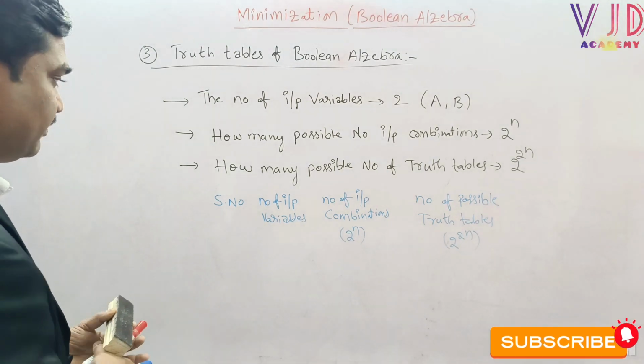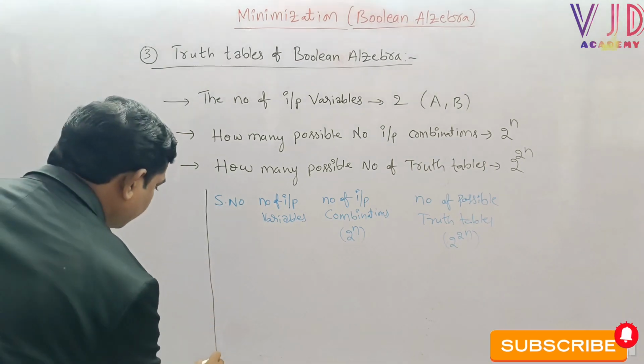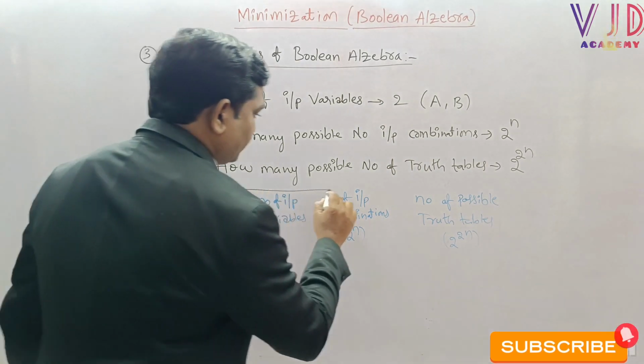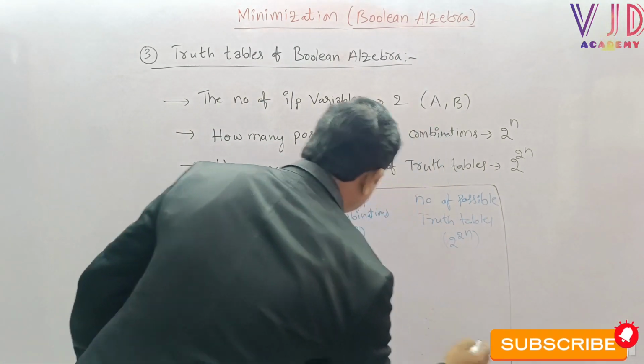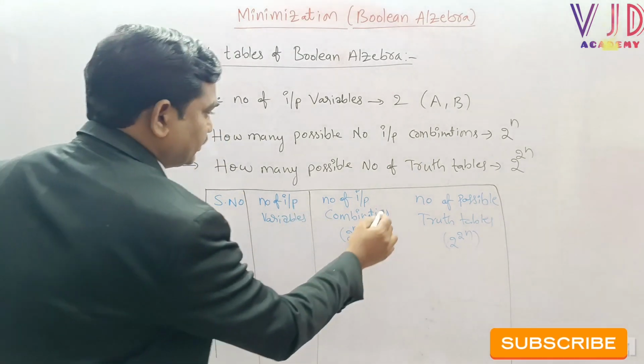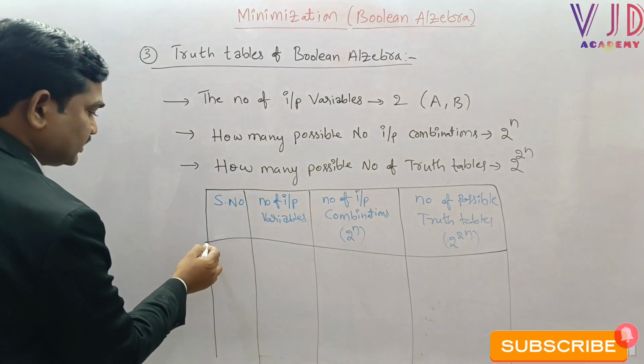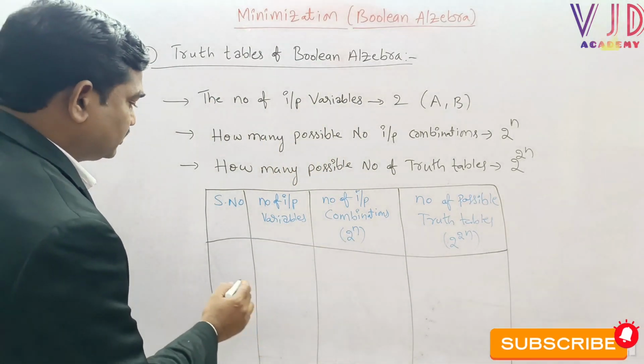Let us understand better so that we can solve whatever question the examiner asks from the competitive exam point of view. Sir, here let me take different numbers of input variables, and then calculate how many input combinations and how many possible truth tables there are.